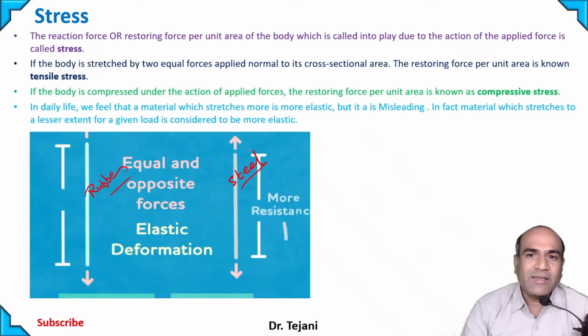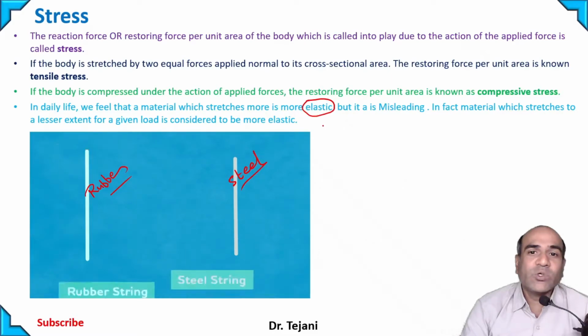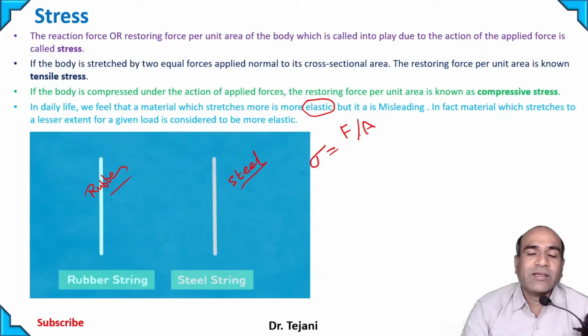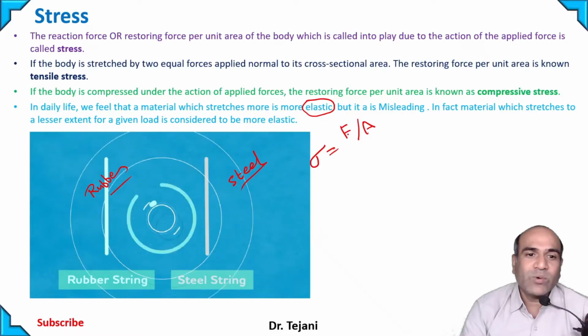But see, the elastic property shows the material strength. It shows up to what maximum load it can take per unit area, force divided by area, to get a deformation.